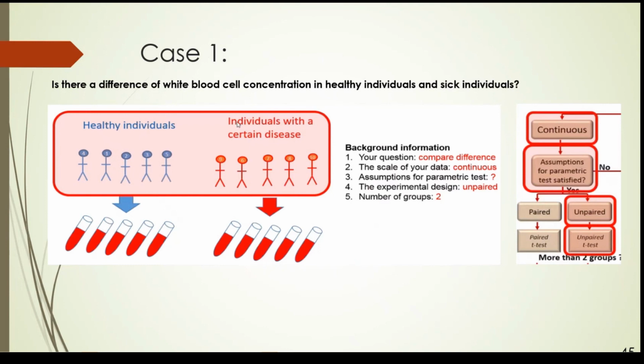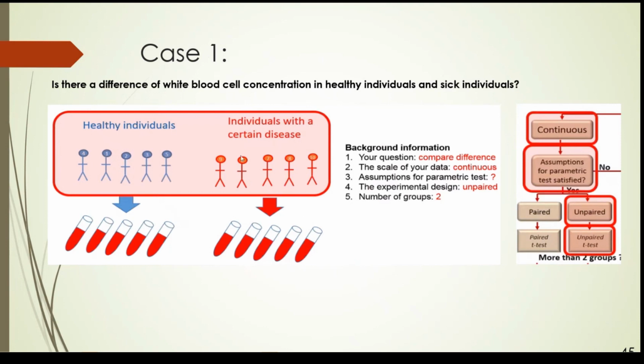So healthy people versus sick people. We take blood from each group. Now, ask yourself, what is the purpose of this? We want to see whether there is any difference or not. Here we want to study how much white cell is inside the blood, because we know white cells are present when we have sickness. When we are not sick, we have less. So we want to see whether this is true or not.